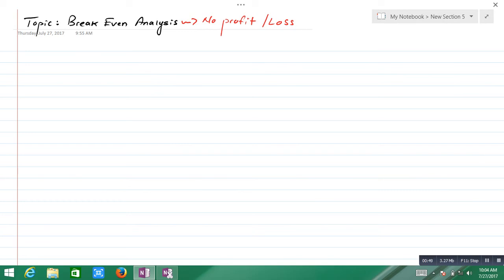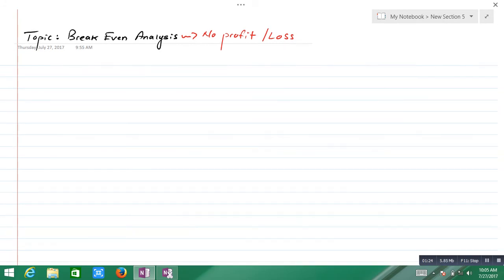So why do we need that? Because it's very important for a manufacturing line. When a company produces a product, definitely we don't want a loss. At least break even. Break-even means zero. We want to get back our capital. That should be enough, or we get profit. Nobody wants loss. So we need to calculate how many units need to be sold in order to get a break-even.